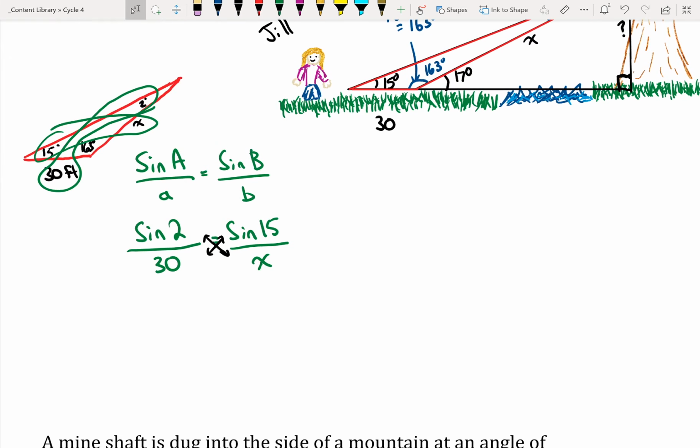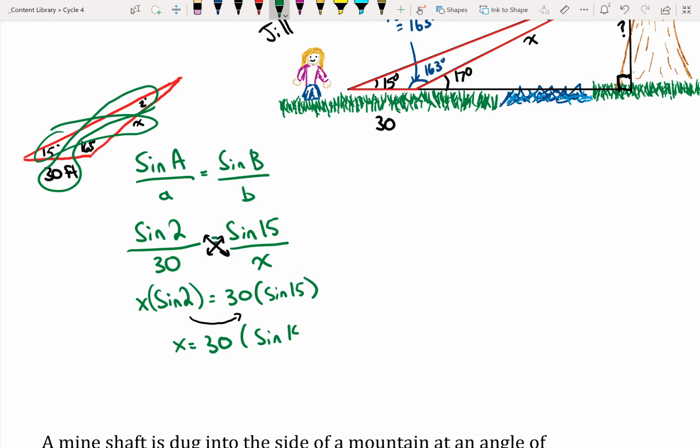When we cross multiply, the x comes up, so it's x times sine 2 is equal to 30 times sine 15. I want to get x by itself, so I move the sine over, so it becomes x equals 30 times sine 15 divided by sine 2.